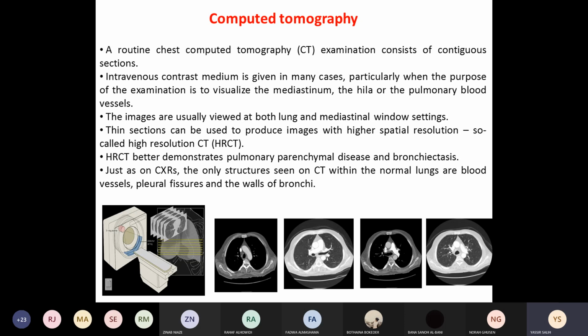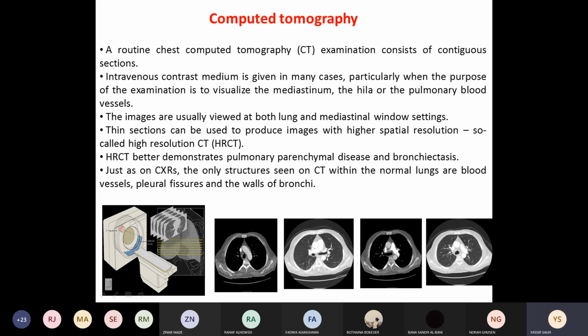ما بنعمله routinely. If there is, we are interested in the details of the lung parenchyma, مثلا عندنا small lesion or in the bronchiectasis. طيب نحن عرفنا كان in the chest X-ray the normal structure that normally seen on the chest X-ray. The same structure that normally seen on the chest X-ray are the same structure that seen on the normal CT. يعني on the lung region you can see the blood vessels. لاحظوا الخطوط البيضاء, these are blood vessels.